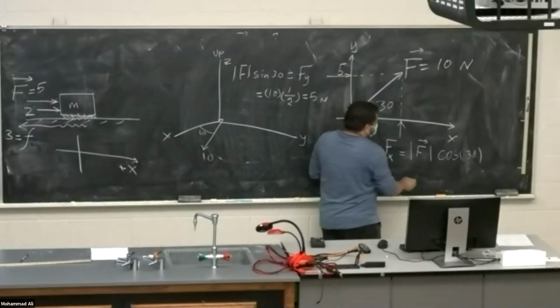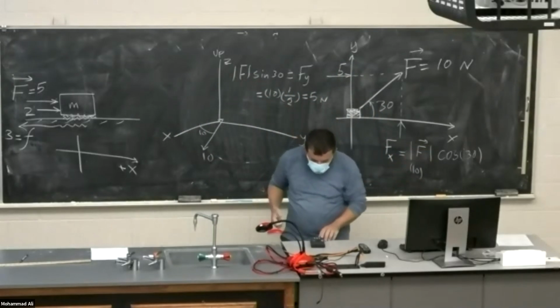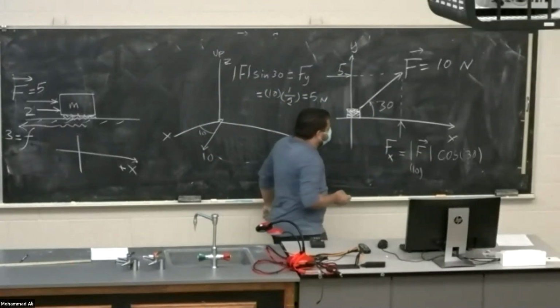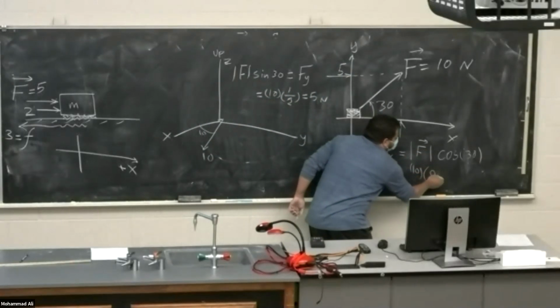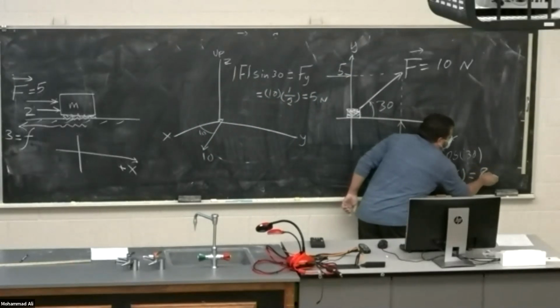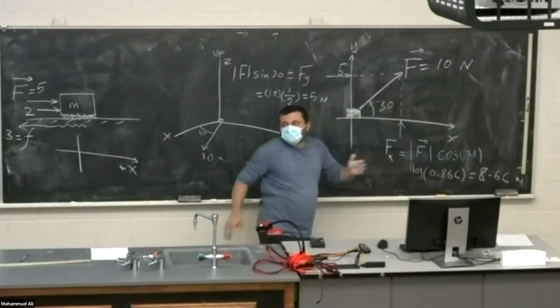This will be equal 10 multiplied by cosine 30, which is 0.866. Then it will be 8.66 newtons in x direction.